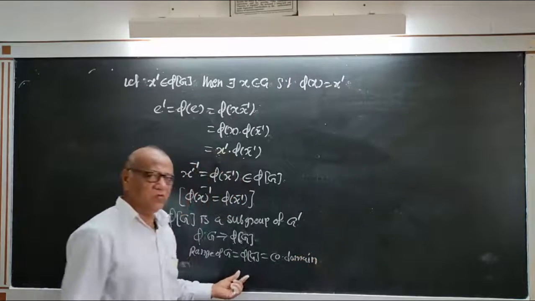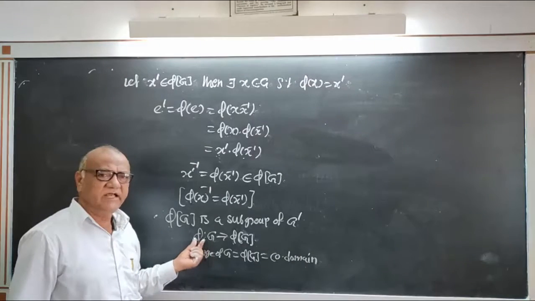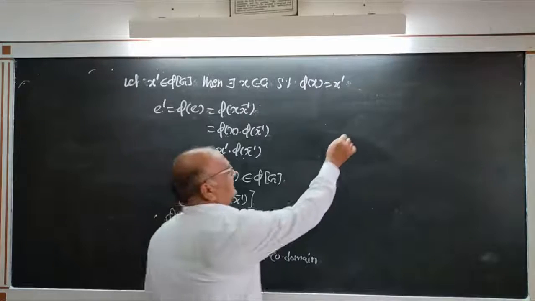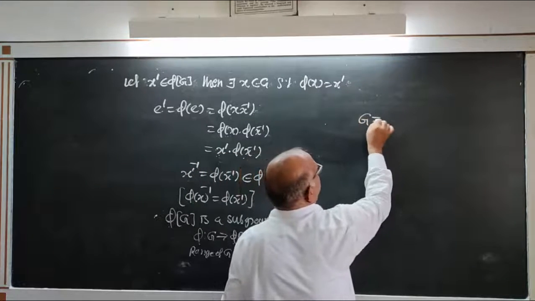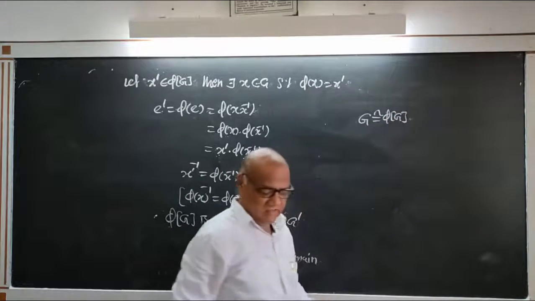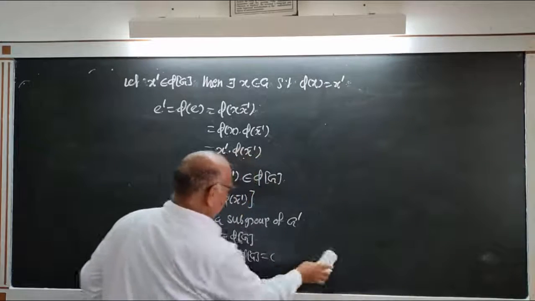That means phi is onto. So phi is an isomorphism, which means G is isomorphic to phi of G.